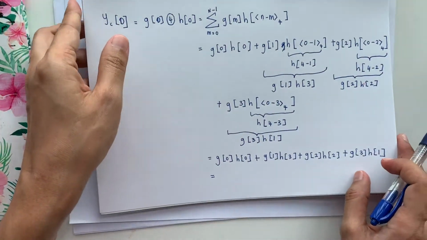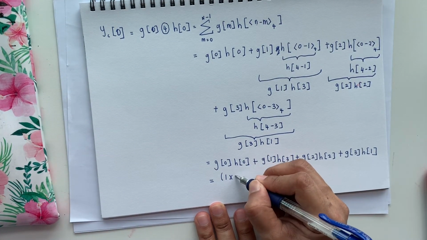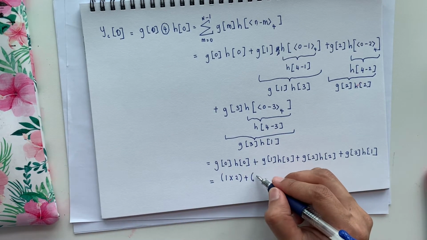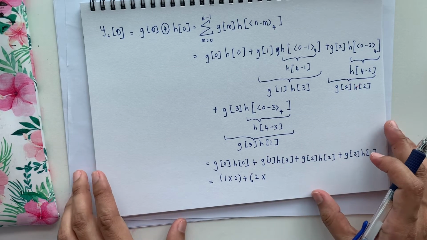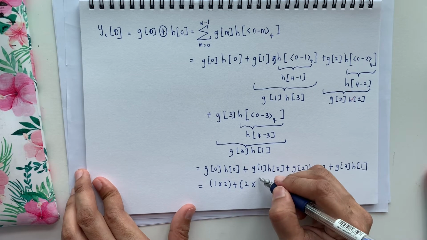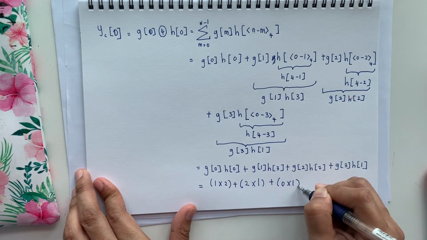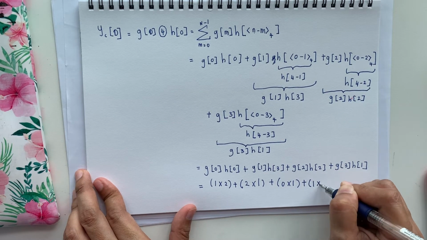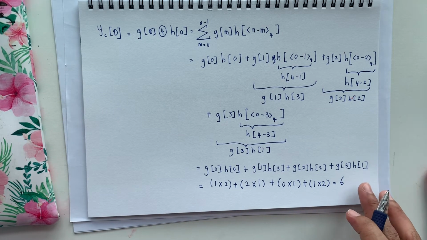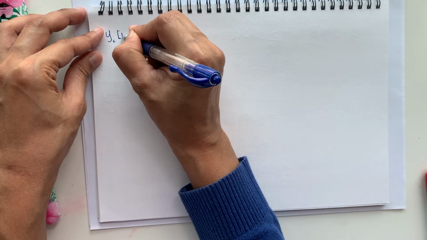G0 is 1, H0 is 2, plus G1 is 2, H3 is 1, and then plus 0 times 1 plus 1 times 2. So you will get 6. This is for YC0.